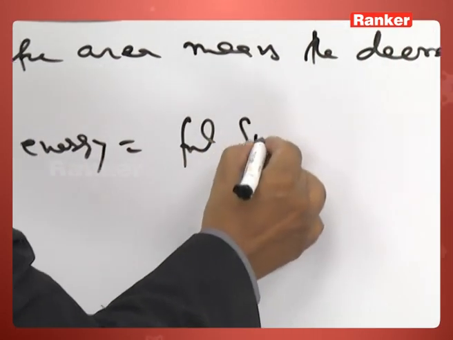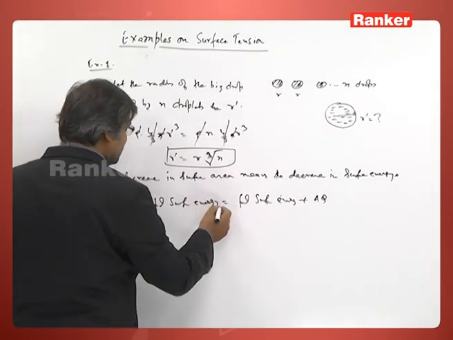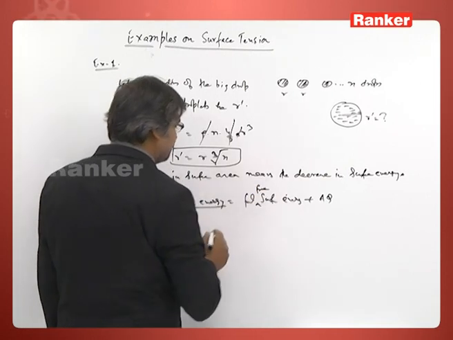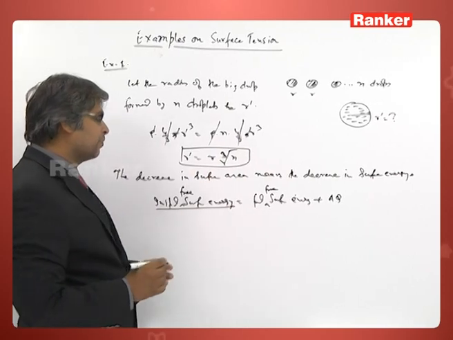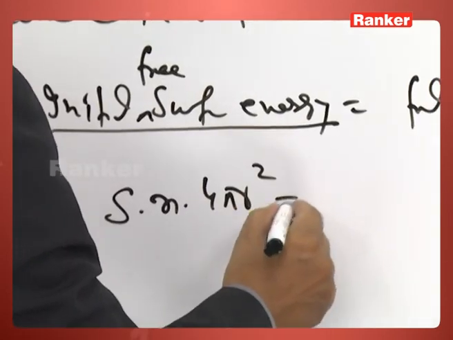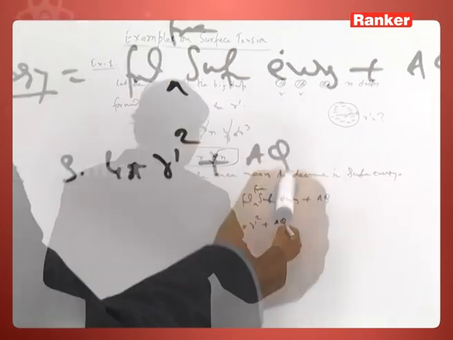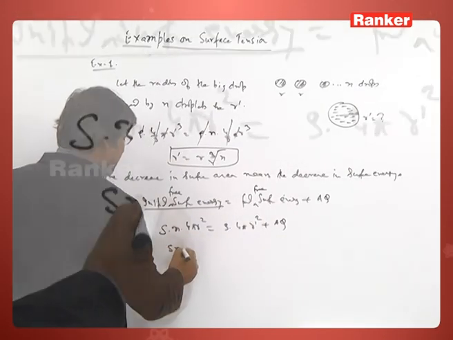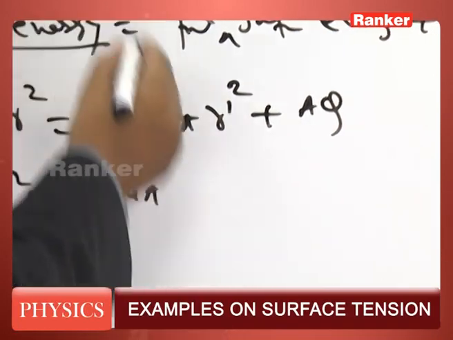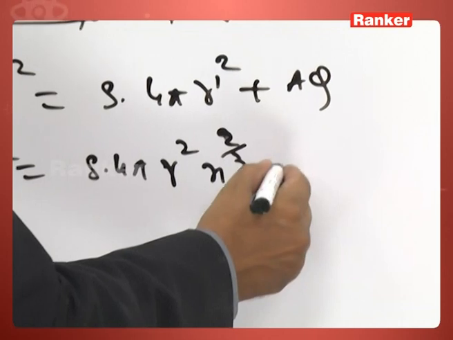Initial free surface energy is equal to final free surface energy plus delta Q. This is S into n times 4 pi r square, equal to S into 4 pi r dash whole square plus delta Q. So S into n into 4 pi r square is equal to S into 4 pi r square n to the power 2 by 3 plus delta Q.